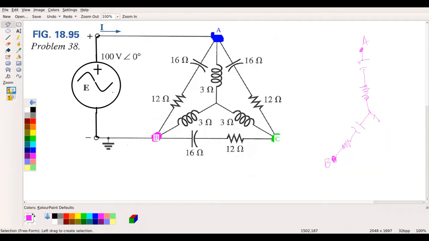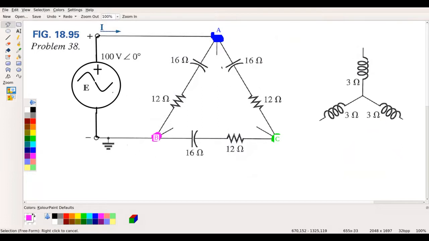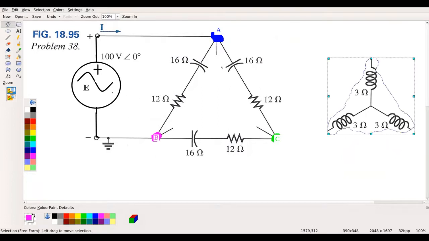I'm removing this circuit here. We're going to cut out the Y and bring that over here, and then make that a color.